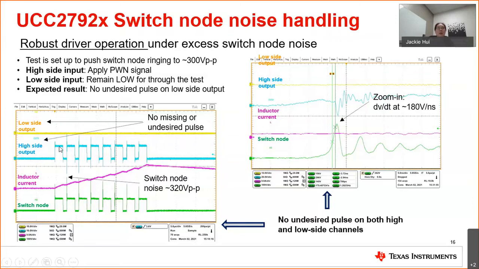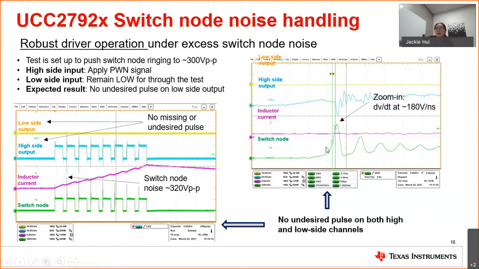As I mentioned, we keep a PWM signal on the high side, so it's switching following the input. The low side we keep low, and you can see there are no undesirable pulses on the output. The driver pretty much behaves as it's supposed to, even under such high switching noise.